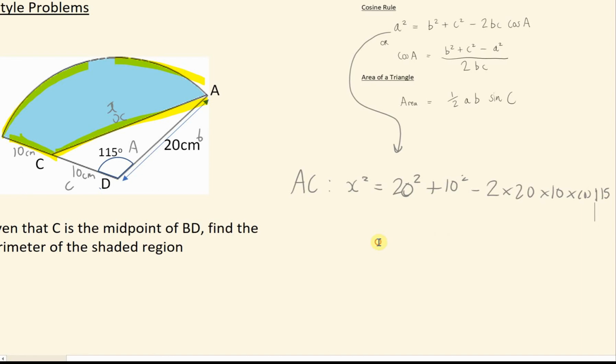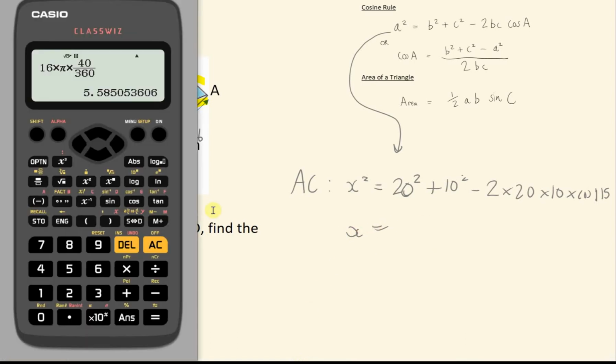What I'm going to do now, I'm going to type it into my calculator and then also square root the whole thing. Okay, having typed that in, and again don't forget the square root, that gives me x is 25.8.